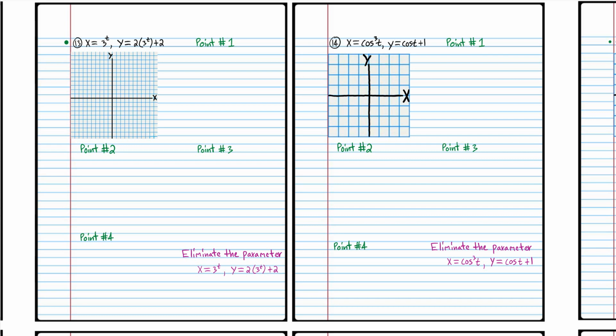So I want you to go to your window right now, push the window button, and change from negative 360 to maybe negative 10. We'll try negative 10 and see if that works, and then change the t max to positive 10. We're not going to use negative 360 and positive 360 because that would take forever to graph.